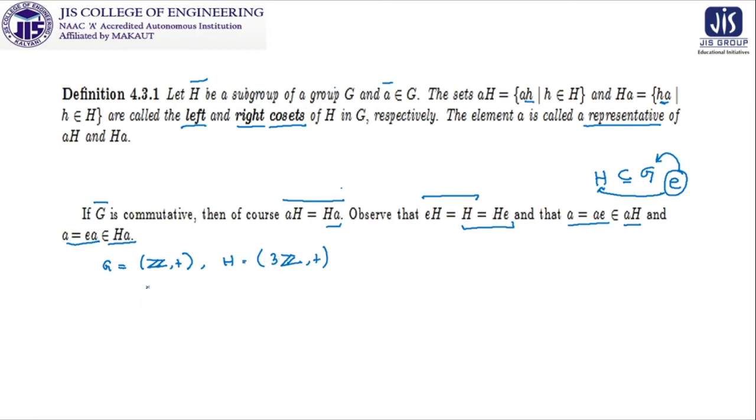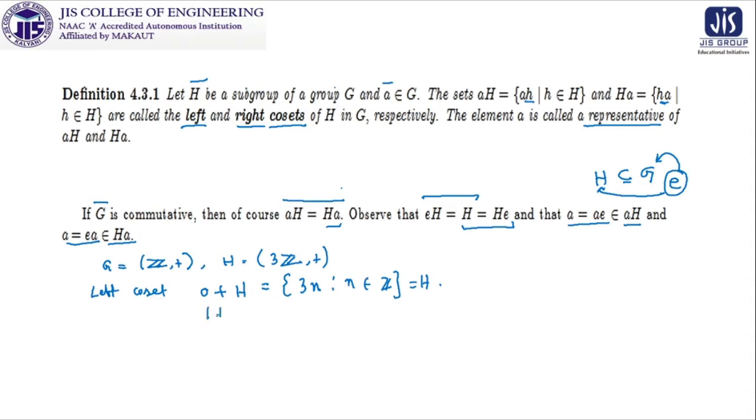Now the left coset we can take as 0 plus H, which is equal to 3n such that n is in Z, and it is nothing but H, the same thing.